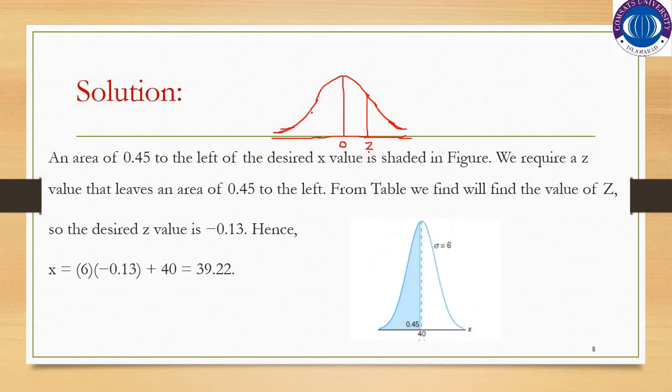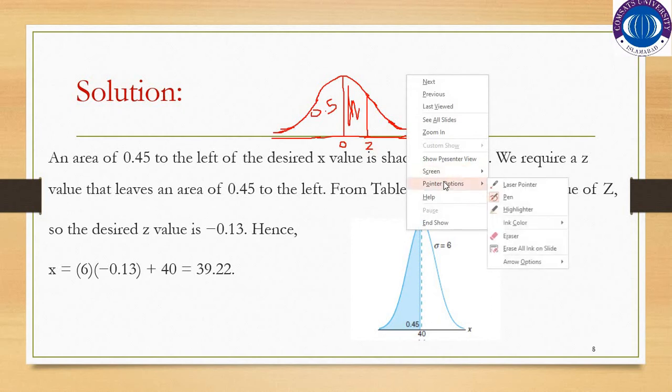So as you know, this area is 45 already, and this 45 plus this particular area could not be 0.45, so this would be not the case that Z should be located here. So Z should be somewhere here so that the 45% area will be at its left.